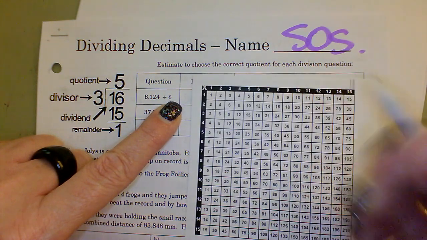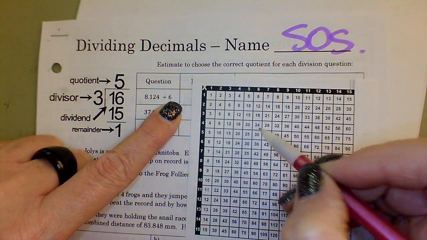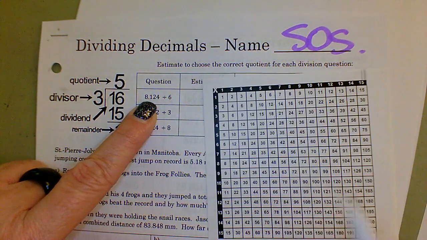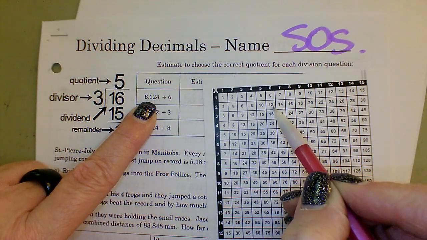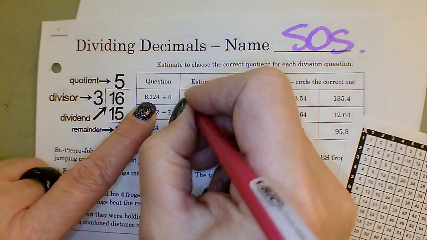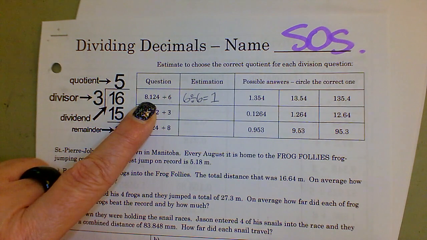My choices that divide by 6 are 6, 12, 18, 24. Now, does it make sense for my 8 to become a 6 or for my 8 to become a 12? Where is 8 closer to? 6, right? So I'm going to round down and say 6 divided by 6. My answer should be around a 1.